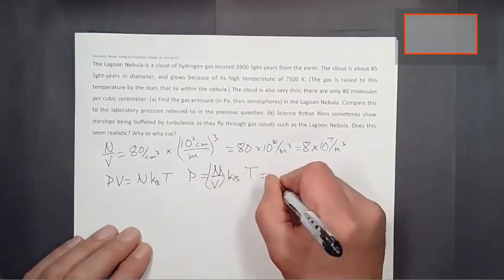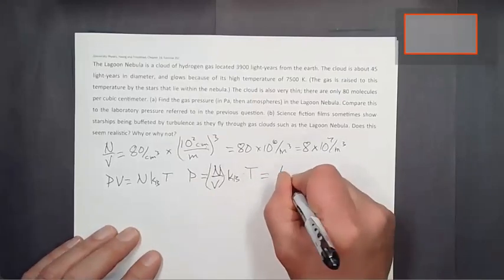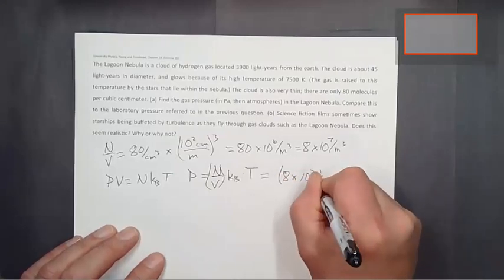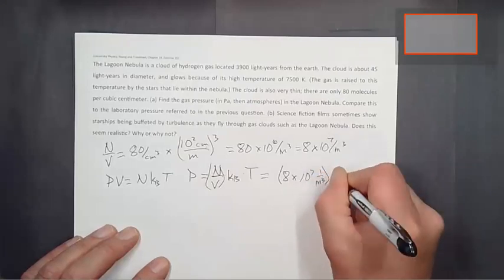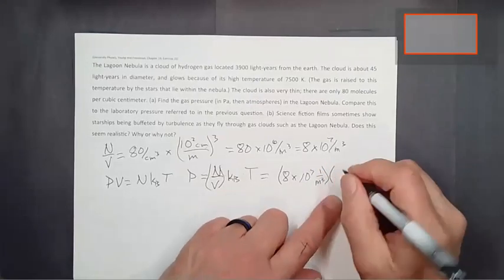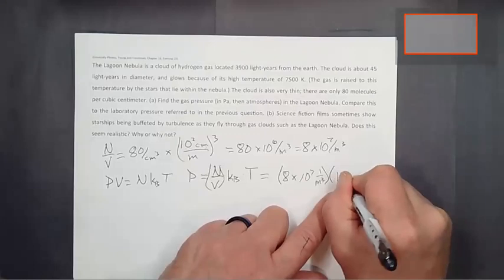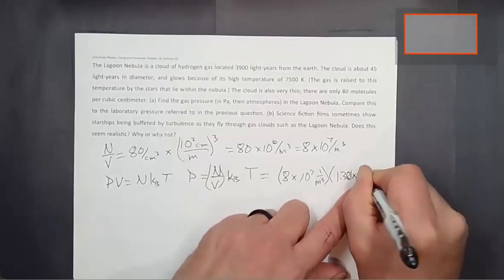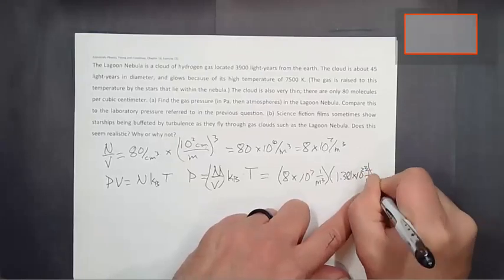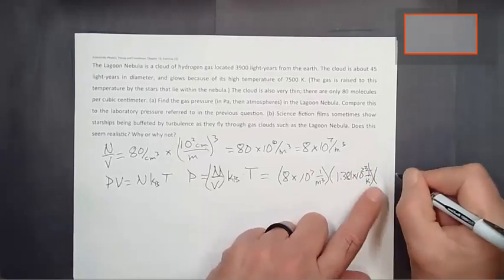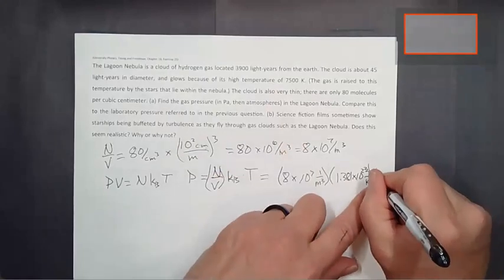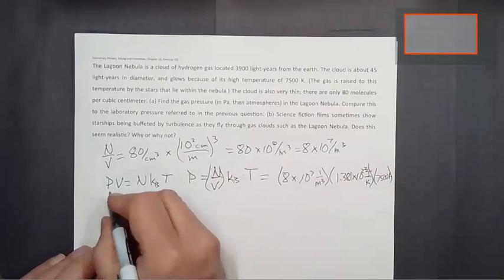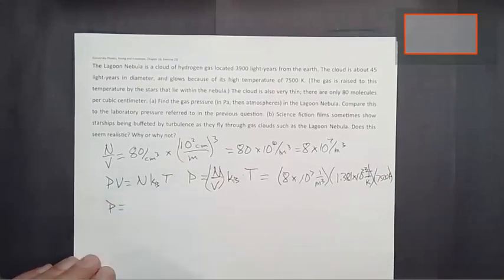So we just have to plug in 8 times 10 to the 7th, and I'll just put 1 over meter cubed for the units. Boltzmann's constant, 1.381 times 10 to the minus 23rd joules per Kelvin. And then multiply that by the temperature here, 7,500 Kelvin. And we'll get something about the pressure here.